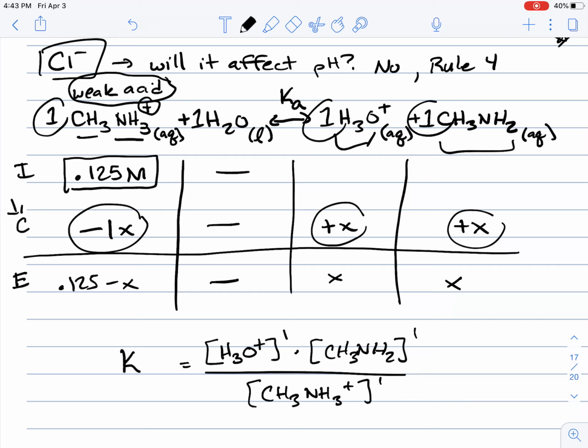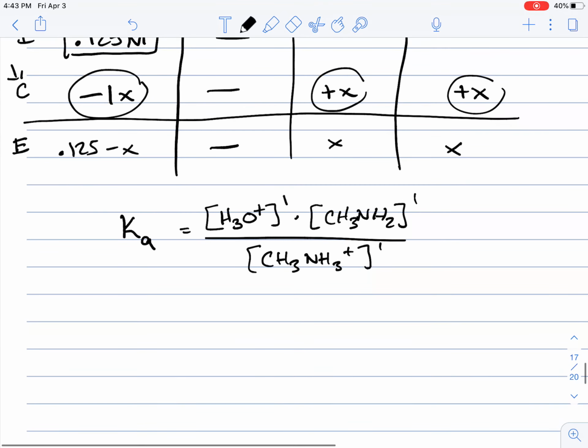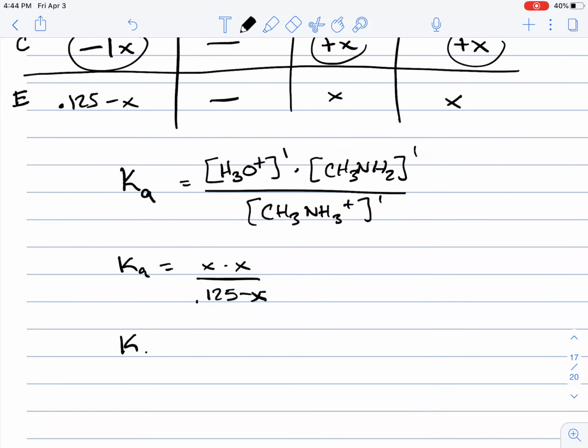And so since we're talking about the ionization of the acid, this is going to be Ka and not Kb. Okay. And so we can just go ahead and plug everything in. So Ka is equal to x times x over 0.125 minus x. We can go ahead and reduce this to Ka is equal to x squared over 0.125 minus x.